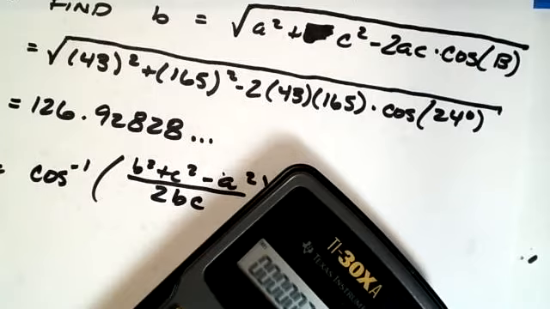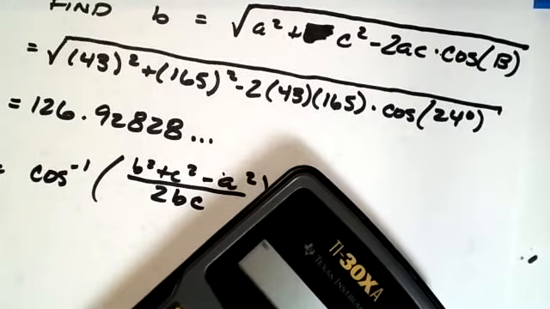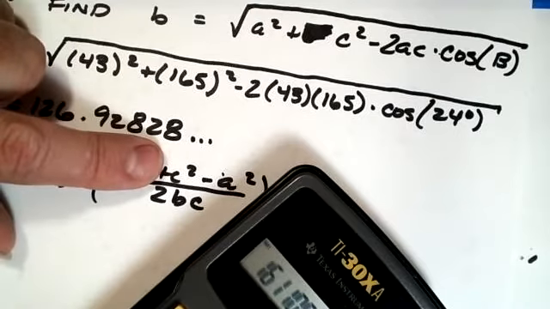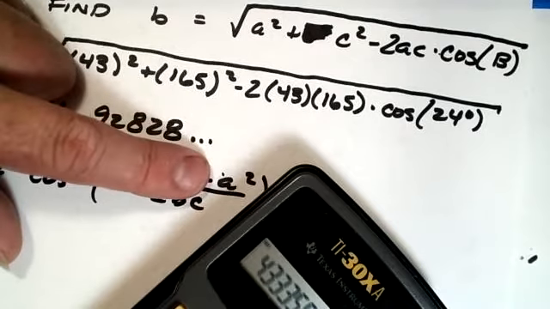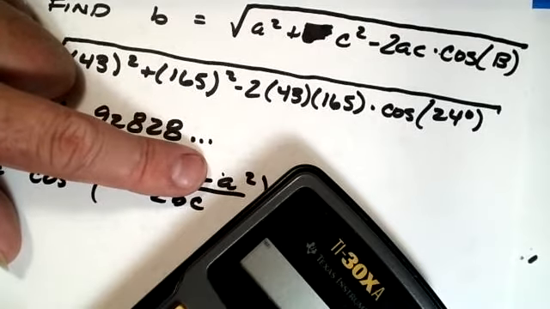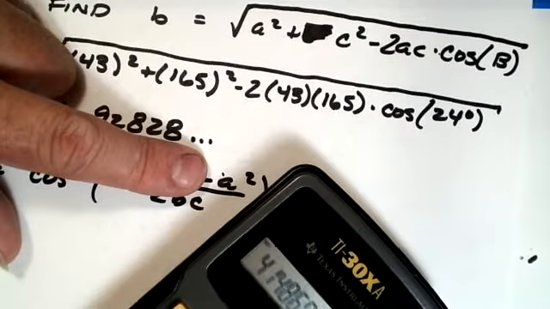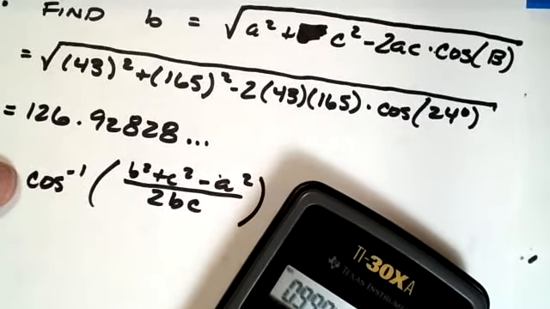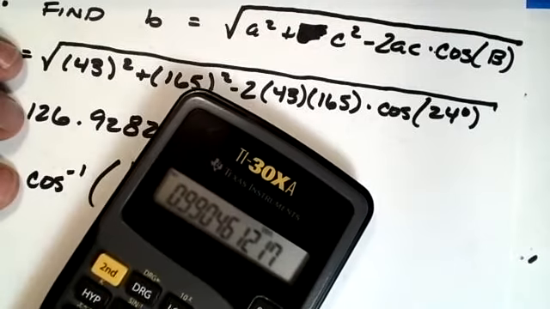And then I will multiply this by b squared, which is, recall, 1 squared, plus c squared, which is 165 squared, and then subtract 43 squared, close the parentheses. There's my number, that's the argument of inverse cosine.